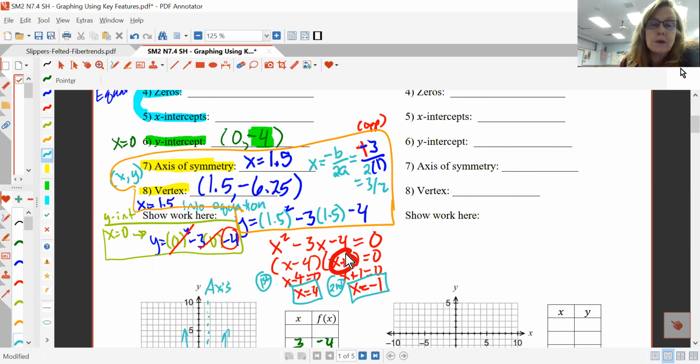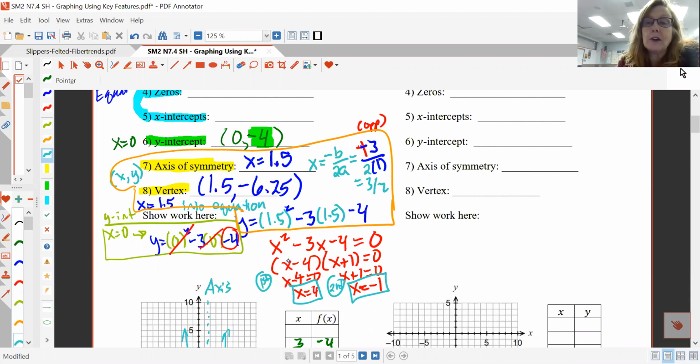So if this number is 0, 0 times that number is again 0, okay? So that's what I'm doing, because essentially, if I say x is 4 and I put 4 minus 4, hey, 0, 0 times any number is 0. So 0 is the only number that works that way, so that's why you can solve for factors directly, because essentially you're just saying they're equal to 0, okay?